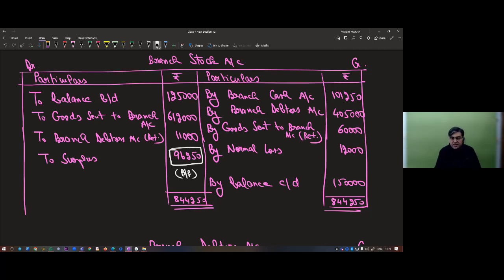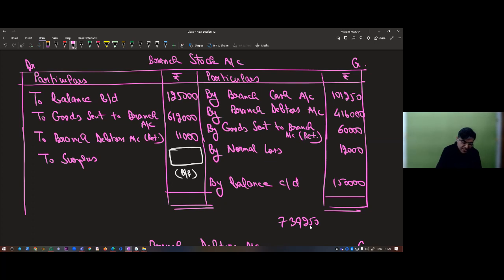The balancing figure will change. Credit sales 4,16,000 plus 1,01,250 plus 60,000 plus 12,000 plus 1,50,000 is 7 lakh 39,250.